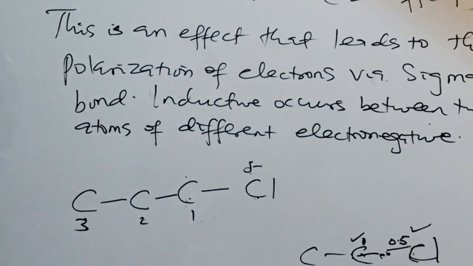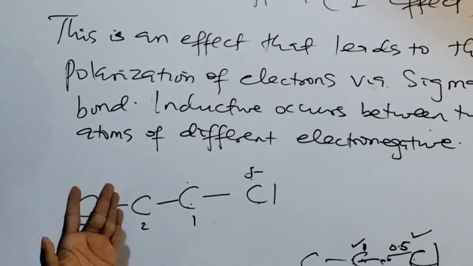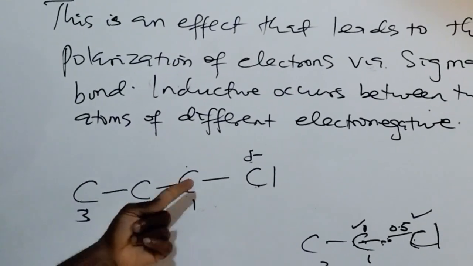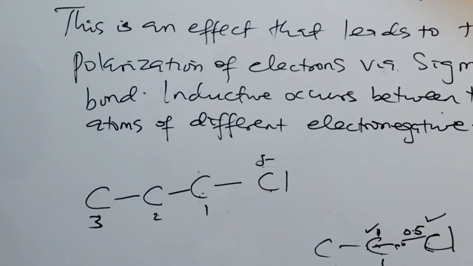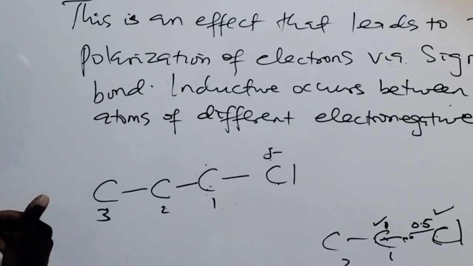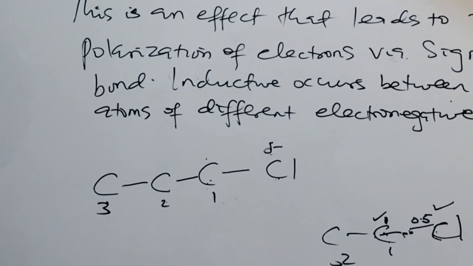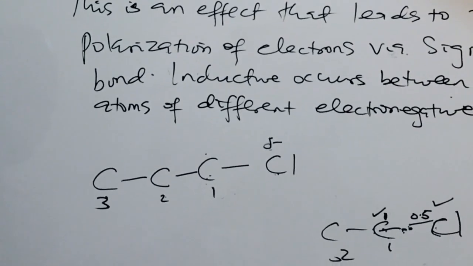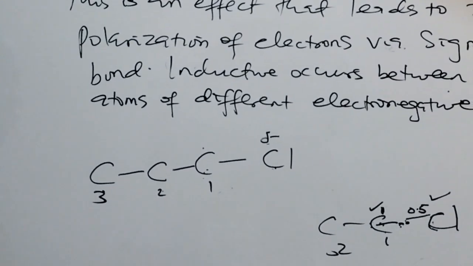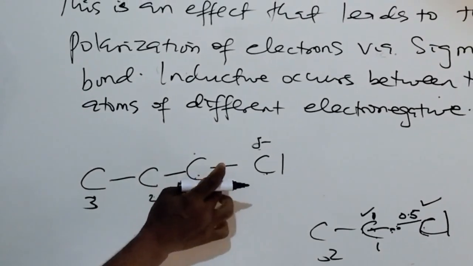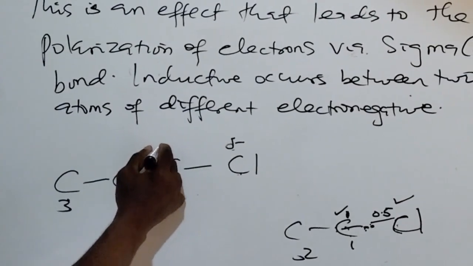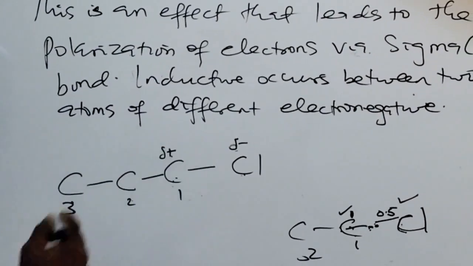But because chlorine draws the electron closer, but it does not totally belong to chlorine, we say that chlorine is partially negatively charged. And carbon appears to be losing. In chemistry, when an atom appears to have lost an electron, we say it has a positive charge. So because carbon appears to be losing these two electrons, we give it a partial positive charge.